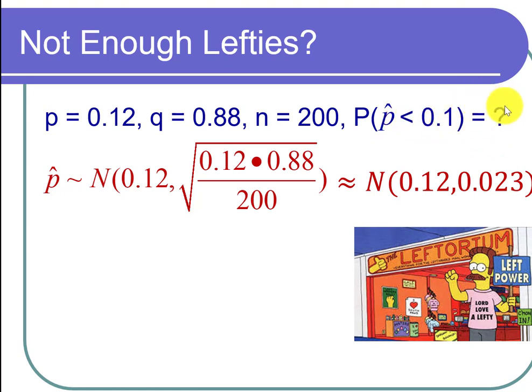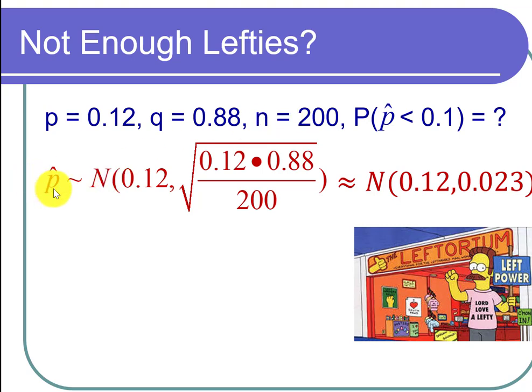And what is that probability? Note, by the way, that if I take 0.12 and multiply by 200, I get 24. And 24 is definitely bigger than 5. And 0.88 times 200 is much bigger than 5. No issues. So we can actually use the central limit theorem.